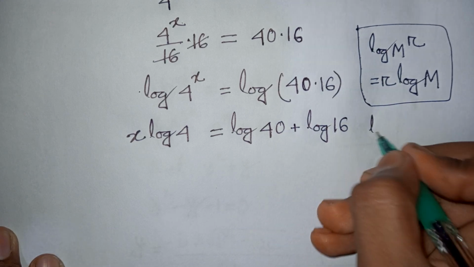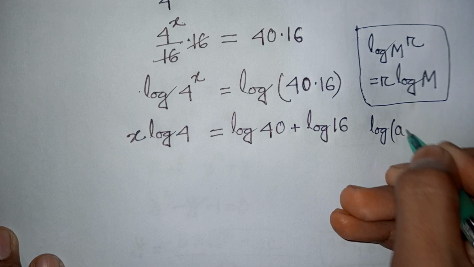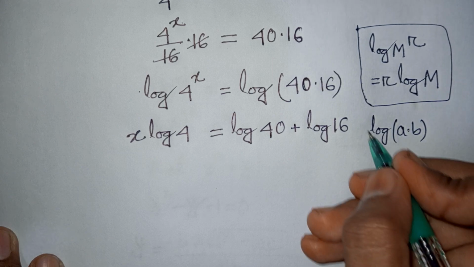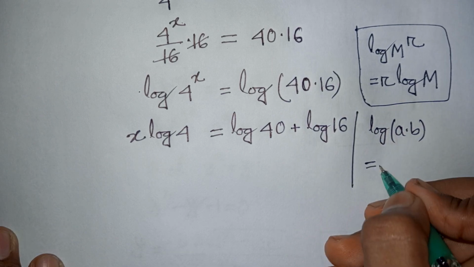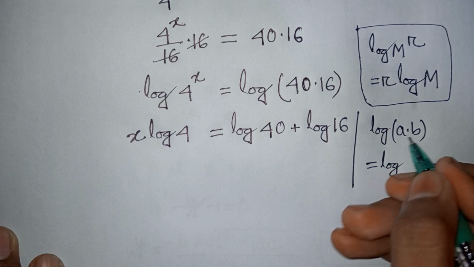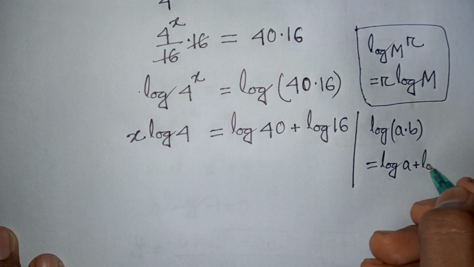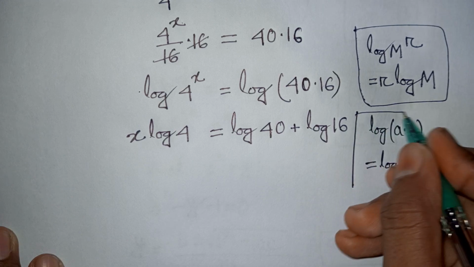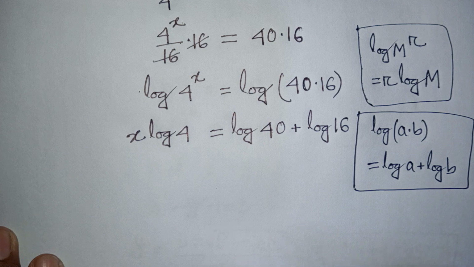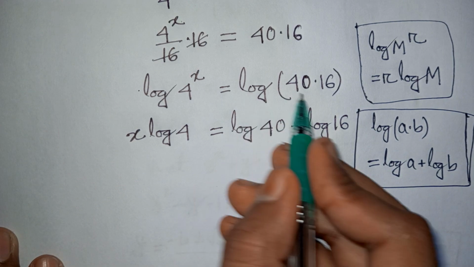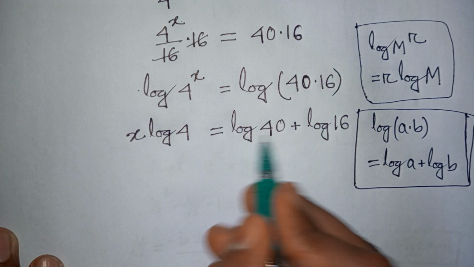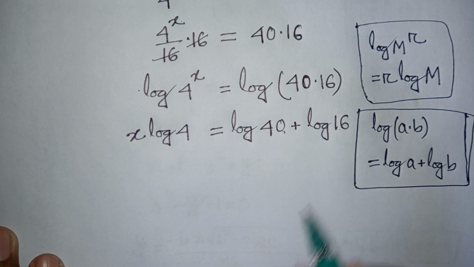According to this formula, log of a times b is equal to log a plus log b. So log of 40 times 16 is the same as log 40 plus log 16.